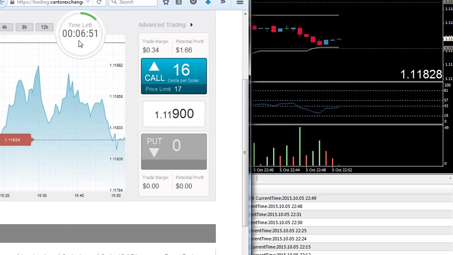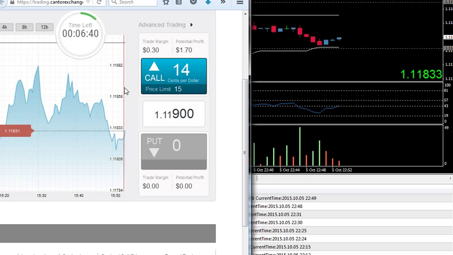This is your time. This line right here would be your strike. This line right here represents the real time pricing, and this would be the cost of a bet going up, and this would be the cost of a bet going down.